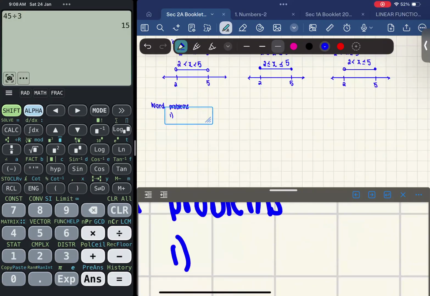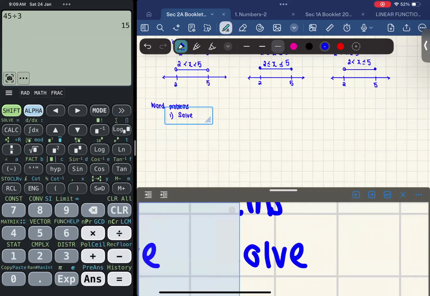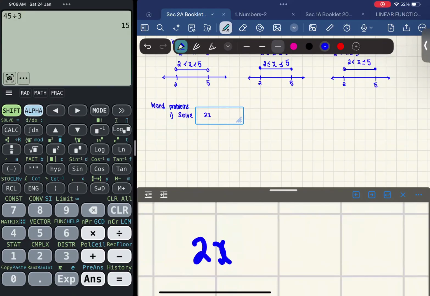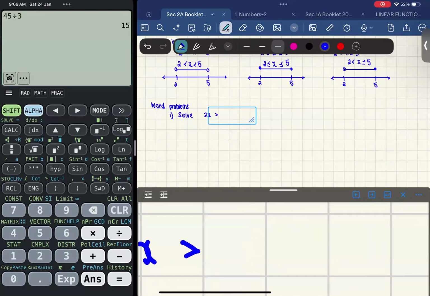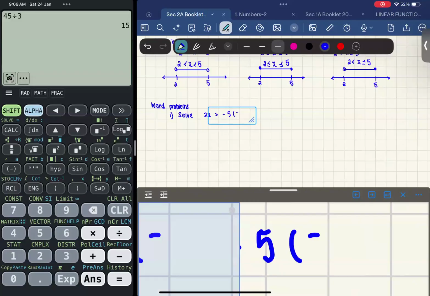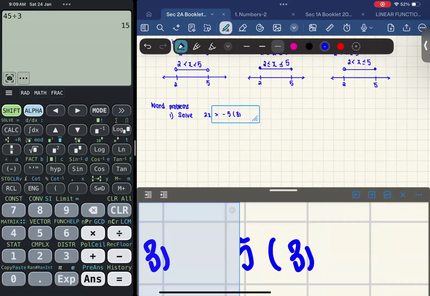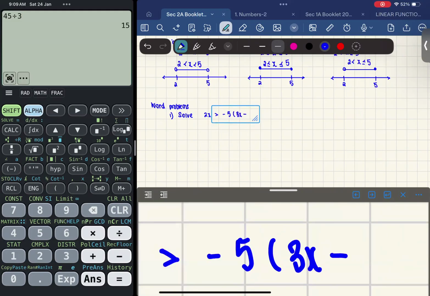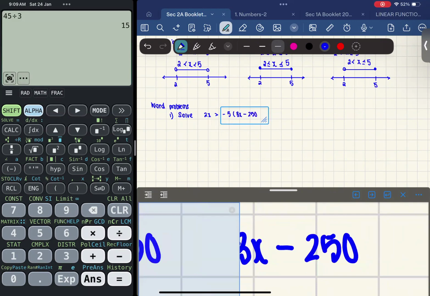Number one is they ask you to solve 2x is more than negative 5 times 5 times 3x minus 250. So for example, this, solve the inequality.